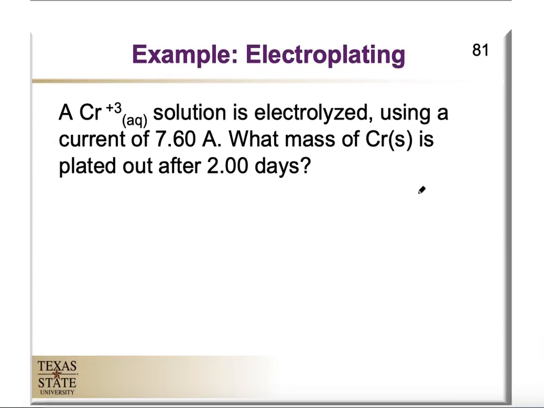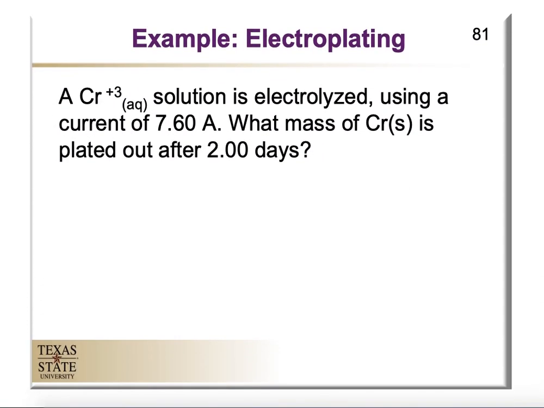So let's go ahead and do a problem with electroplating. What we have is a chromium ion solution, which is electrolyzed using 7.6 amps. What mass of chromium is plated after 2 days? All right, in this particular case, we're going to do it using dimensional analysis. So we're going to start by converting the 2 days into hours.